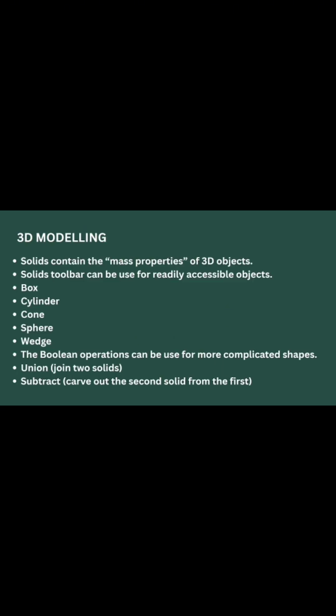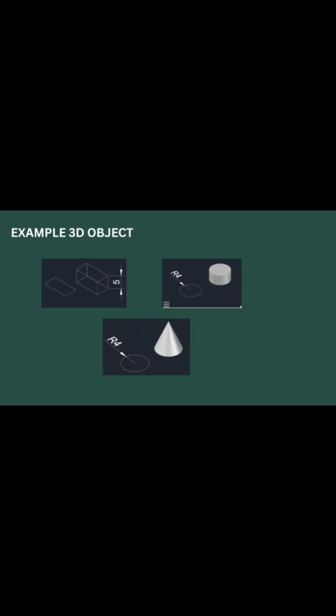So in 3D modeling, we use solid shapes like box, cylinder, cone, sphere, and wedge. We also combine or subtract them using Boolean operations to create more complex designs. Here are examples of 3D objects.